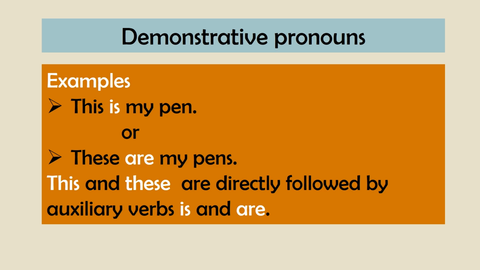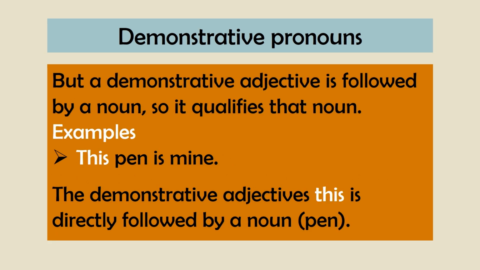This and these are directly followed by auxiliary verbs is and are. But a demonstrative adjective is followed by a noun, so it qualifies that noun. That means it tells us more about that noun. Examples: This pen is mine. The demonstrative adjective this is directly followed by a noun, which is the pen.